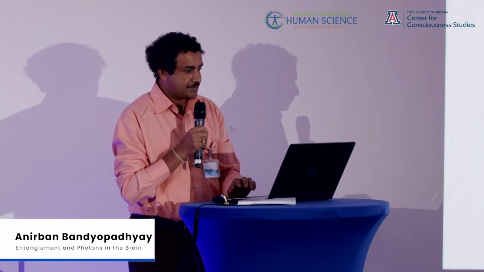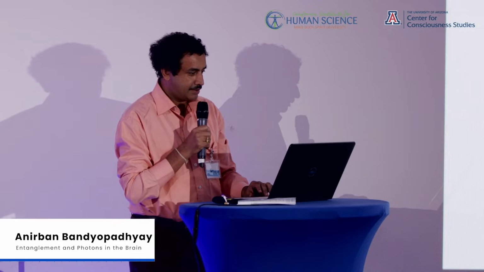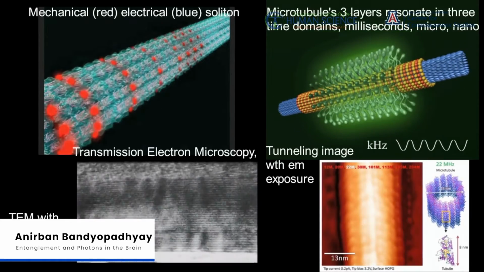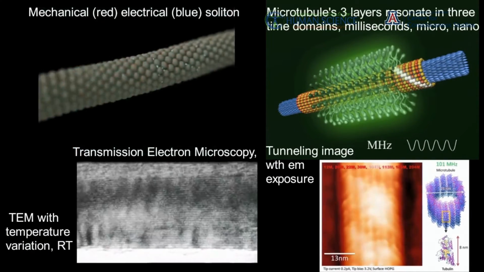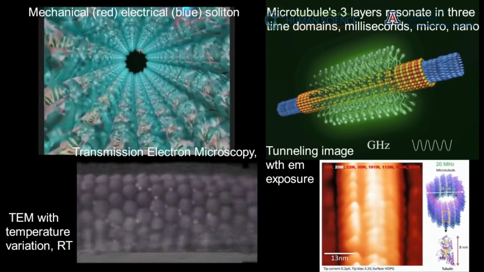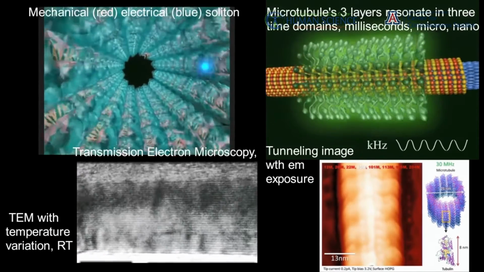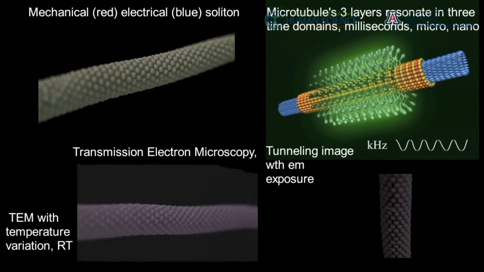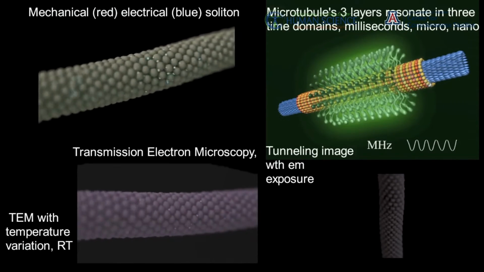If you don't know what is microtubule, then microtubule is a nanowire, 25 nanometer diameter, and a few hundreds of micrometers long. So you can see transmission electron microscope image, TEM, so high energy beam passes through, and if we pump the temperature, it tries to survive.